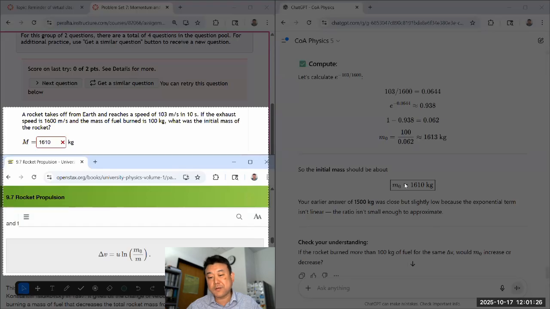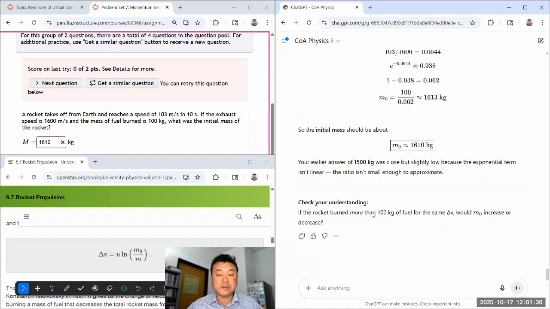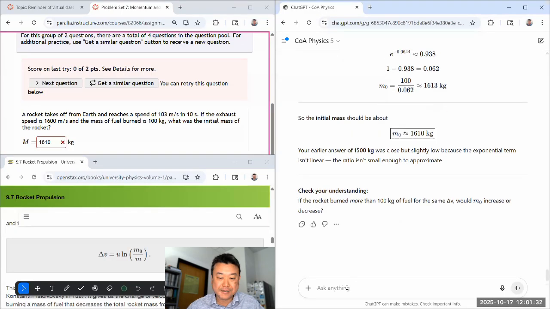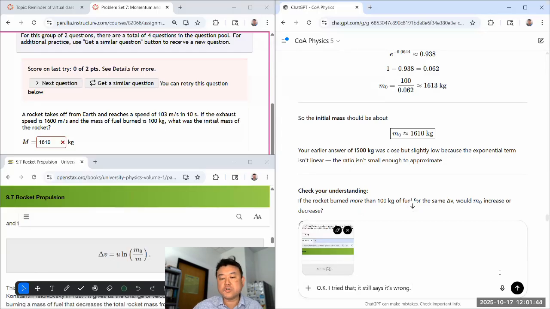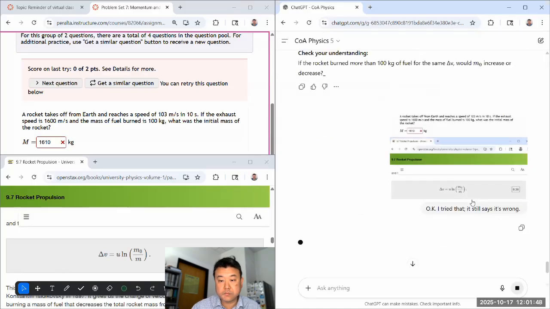It's basically giving me the whole answer, and I've already tried with the prompts to get it not to do that, but it's not working. I'll try something else later. Okay, I tried that. It still says it's wrong. It should recognize that it's not the right equation.